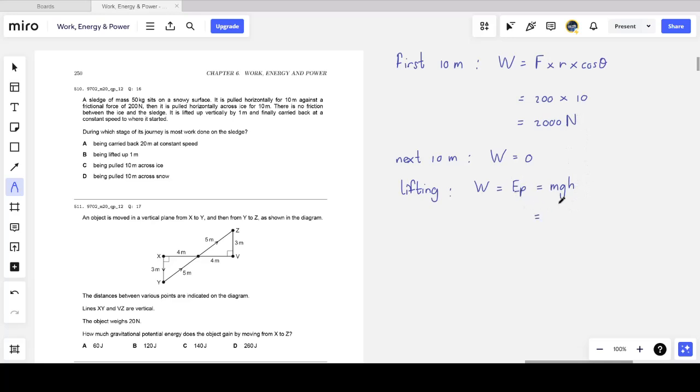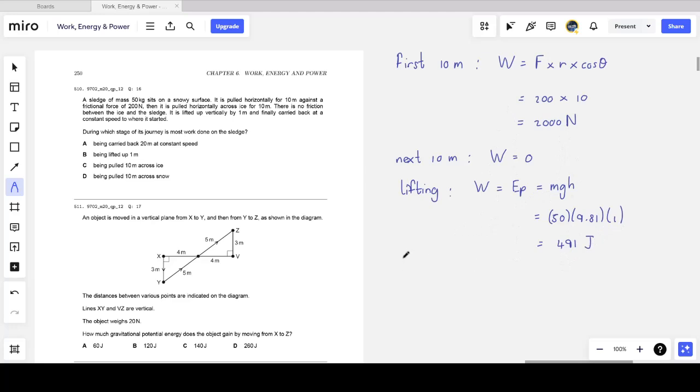So the gravitational potential energy it gains is the work I put in to get it to that height. It has a mass of 50 kg, so m is 50 times g, which is 9.81 meters per second squared, times h, which is 1 meter. And so I get 491 joules. So that's the amount of work I put into the sledge as I raise it a meter into the air.